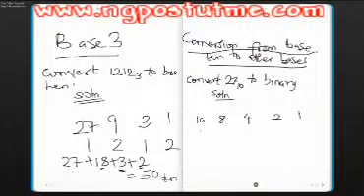So what is the next thing now? How many 16 will I see in 27? I'm going to see 1. If you remove 16 from 27, you are going to get 13. Remove 8 from 13. How many 8? Just 1. Leaving behind 5.